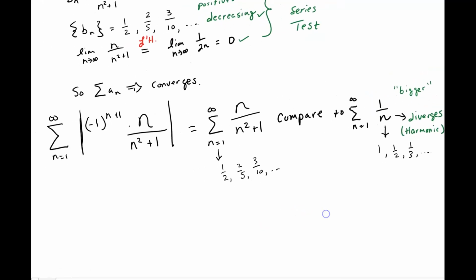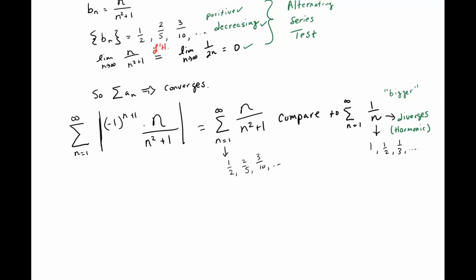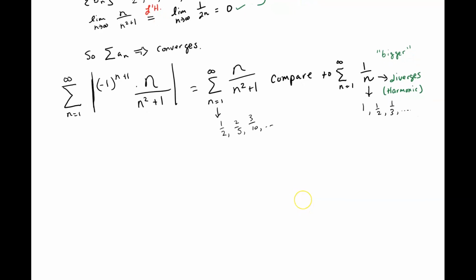So I take a look at this and I see my direct comparison's not going to work. I'm comparing them, but direct comparison doesn't work because the bigger one obviously diverges. The smaller one doesn't tell us anything. So we have to use some other method.